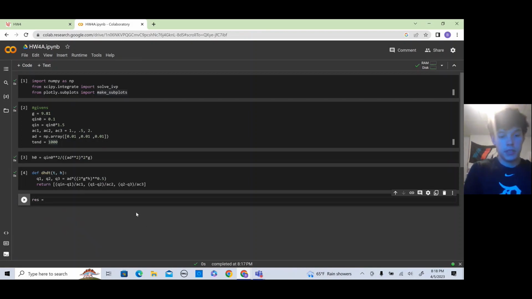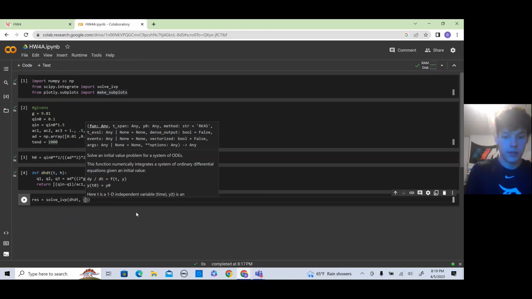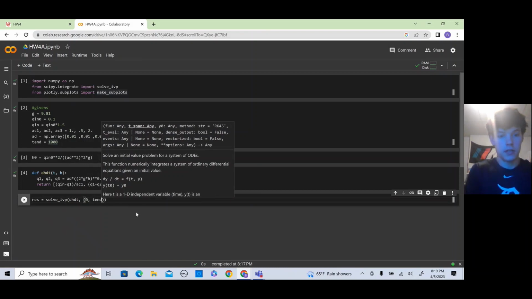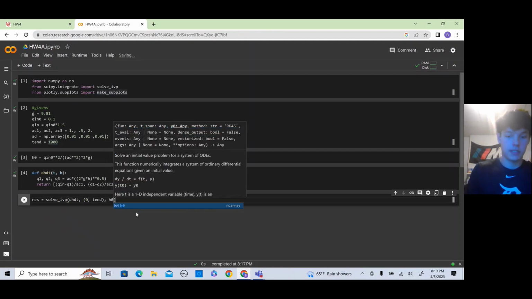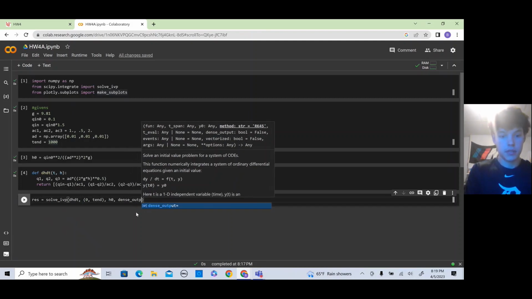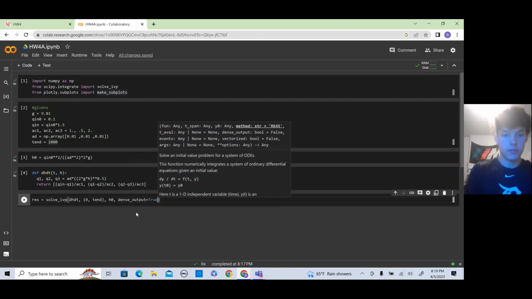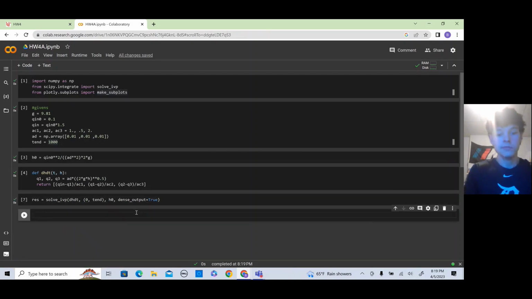So our results will be equal to solve IVP of our function dH/dt from 0 to our t end. And our initial value will be H0. We want our dense output equal to true, so that way we can pull our specific values later on.